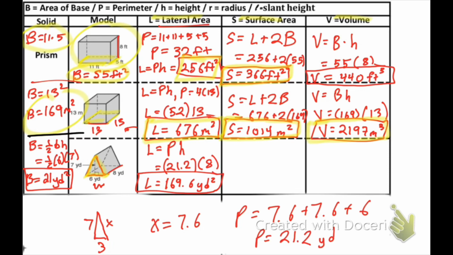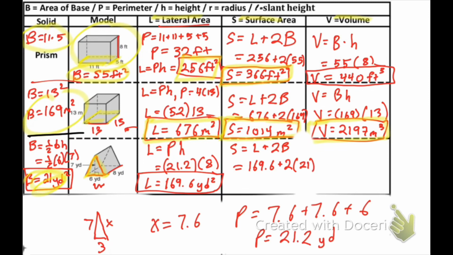Alright, now let's solve for the surface area. The surface area is equal to the lateral area plus 2 times the area of the base. That gives me 169.6 plus 2 times the area of the base, which is 21.